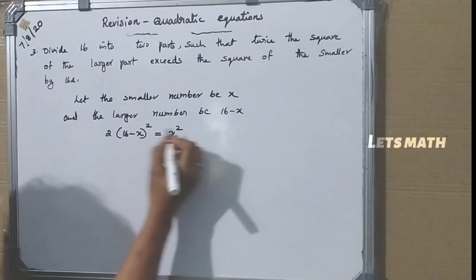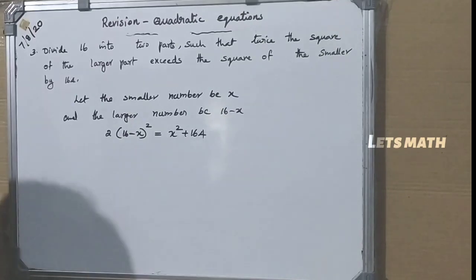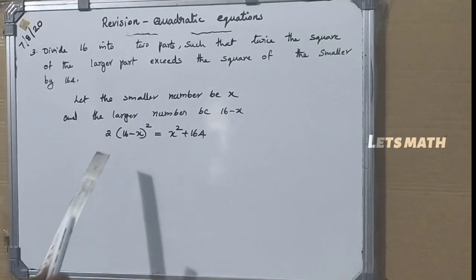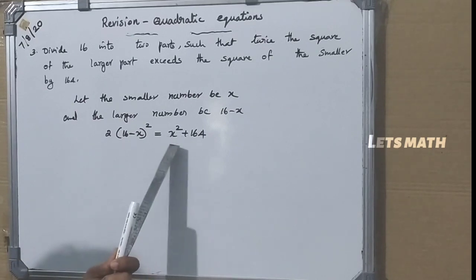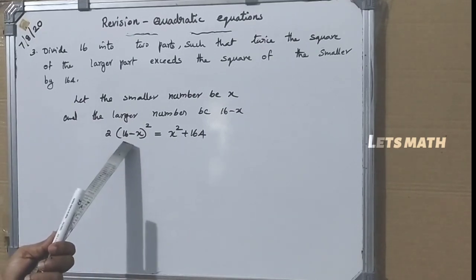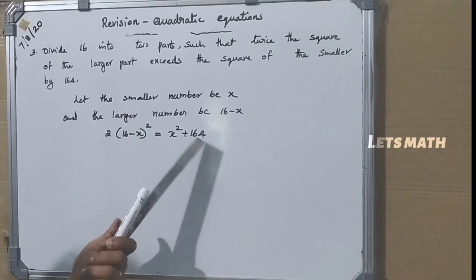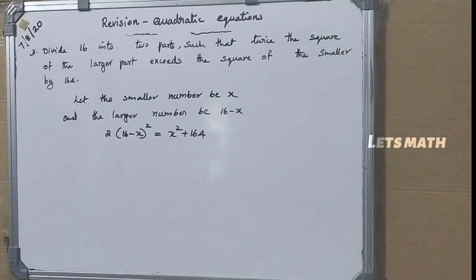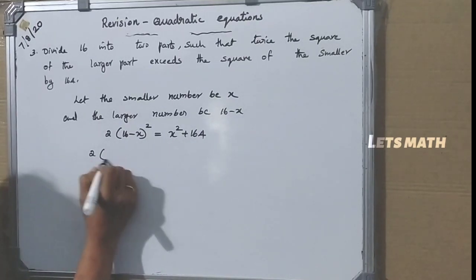So the square of the smaller part is x square, and this is more by 164 than the square of the smaller part. 2 into 16 minus x whole square equals x square plus 164. Now we rearrange it.